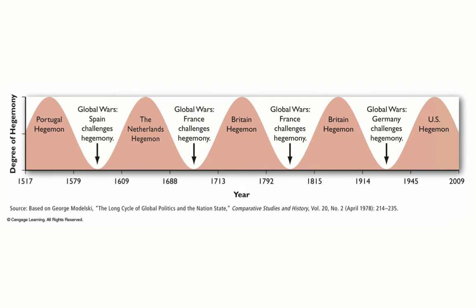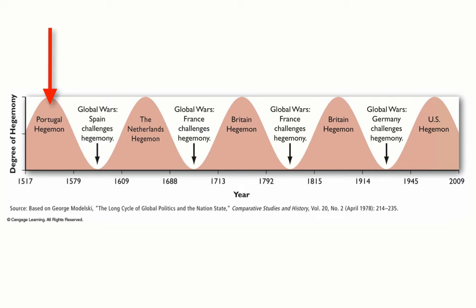So the next slide you'll see, from 1517 to 2009, according to the long cycle of global politics and the nation state, a comparative study in history, there's a hegemonic stability standpoint where one group will always rule during that time period according to realism.